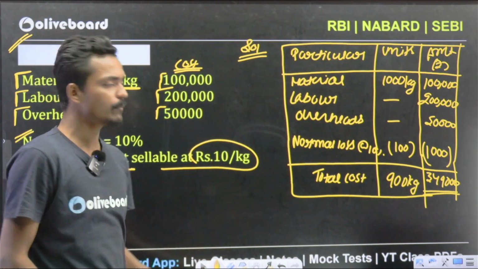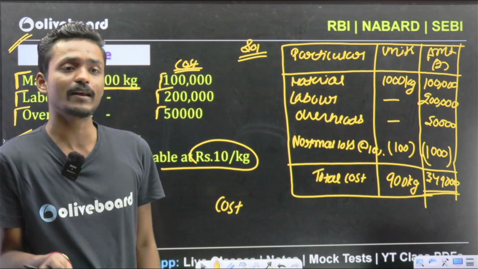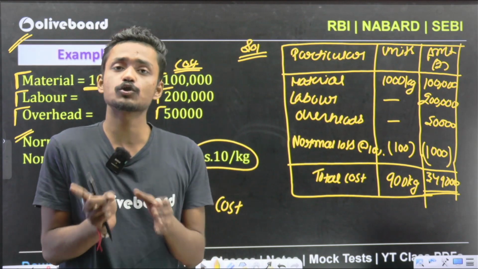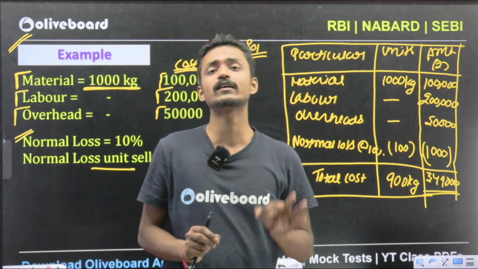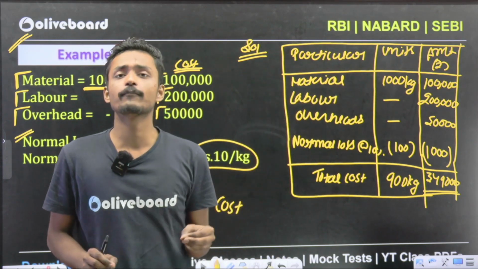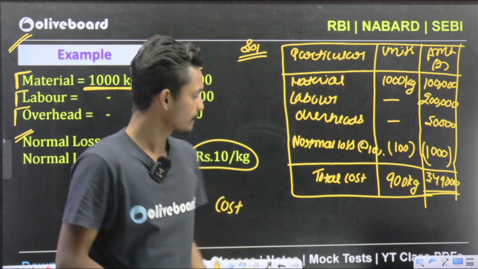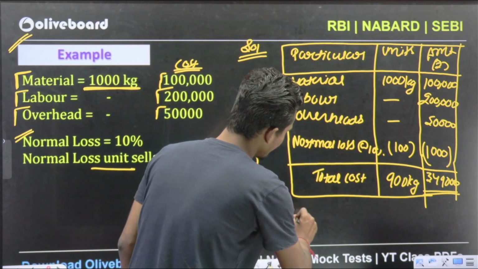So now let me know what is the cost per unit. What amount of cost am I incurring per unit? If I am producing 1 unit of this particular product, what amount of cost do I have to incur? So you can calculate the cost per unit, and how, sir?